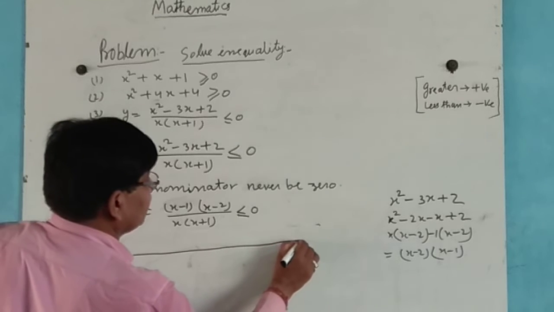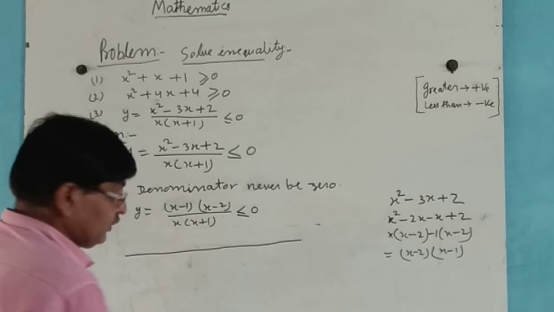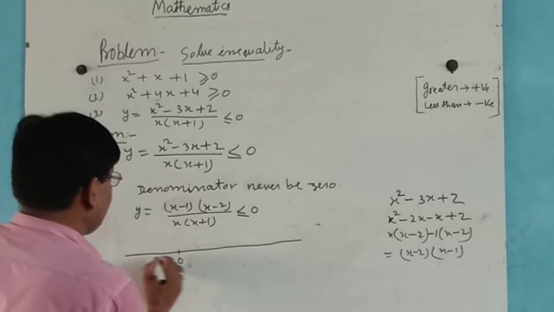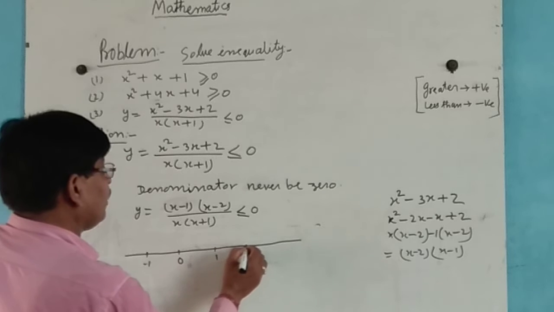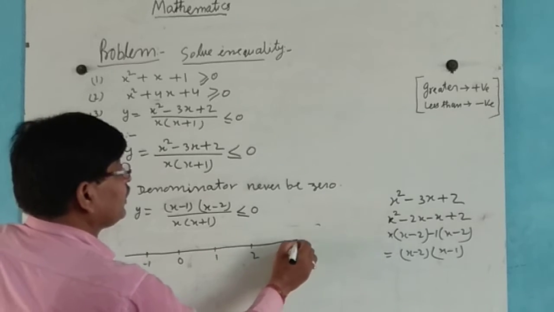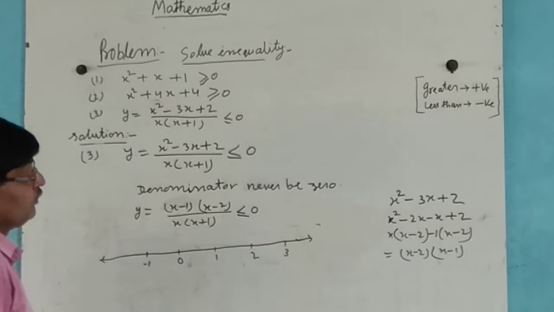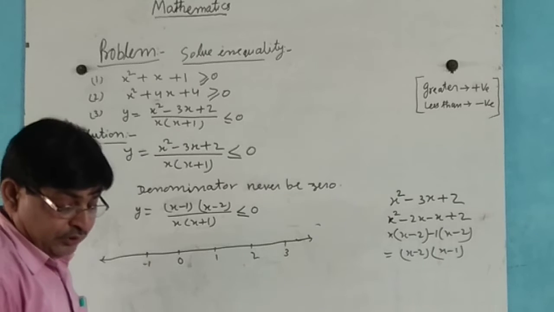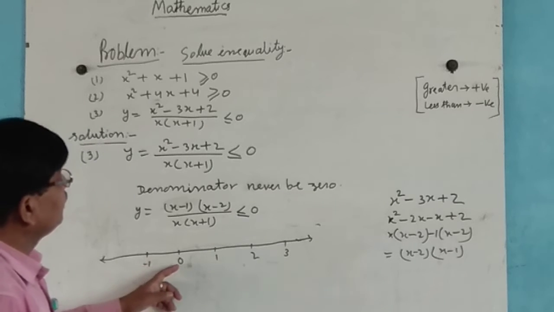We take a line: 0, minus 1, plus 1, plus 2, plus 3, and so on. Now we see that this is minus 1, 0.